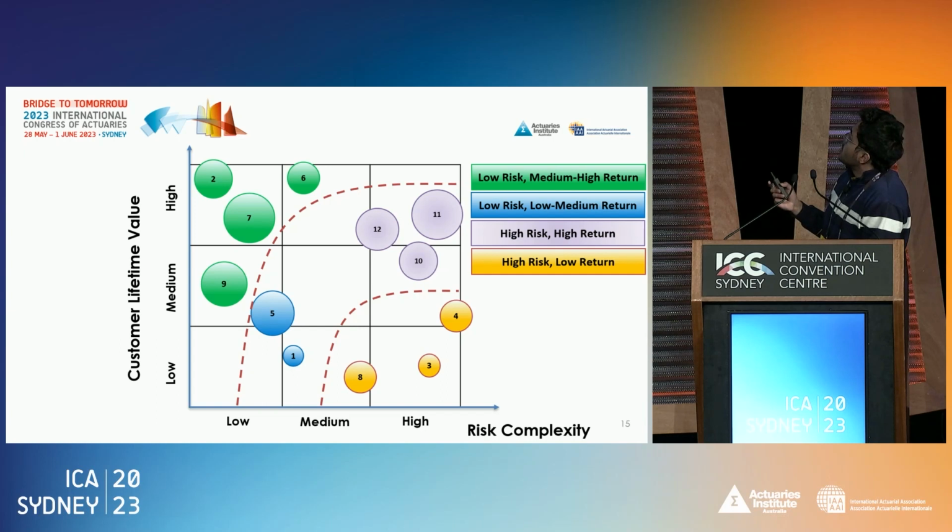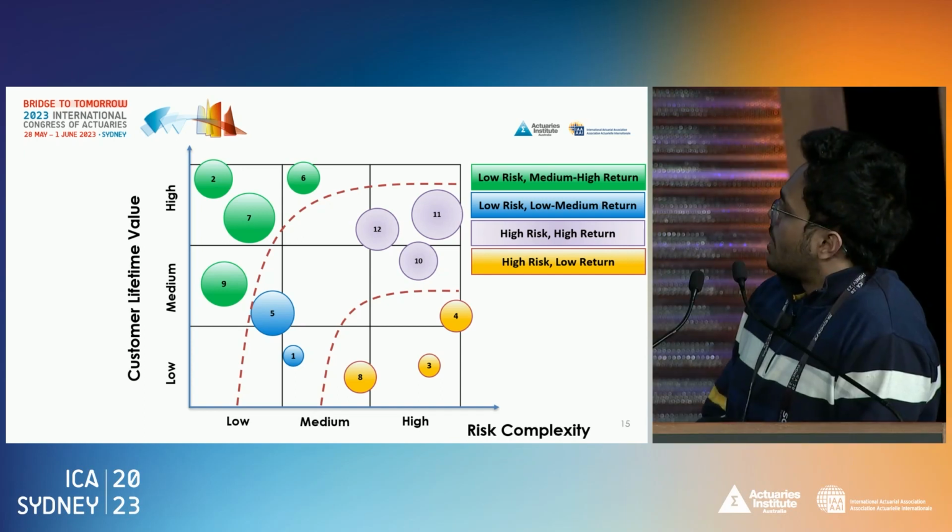So our most favorable customer segments are the ones where we expect higher customer lifetime value, and they have low to medium risk complexity, because it basically means that with a fair degree of certainty, the models are telling us that over the long term, these customers are going to be the most profitable for an insurance company.